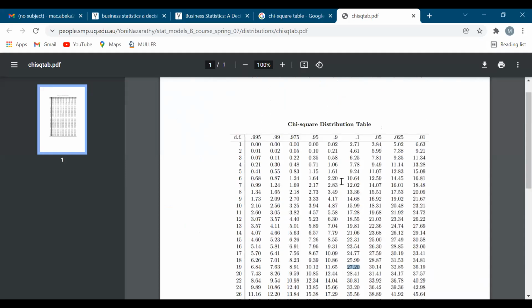This is what I was talking about. The 0.1 here, its mirror is the 0.9 here. 0.05 here, its mirror is the 0.95 here.